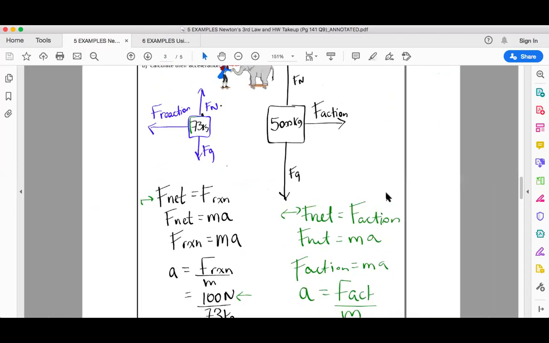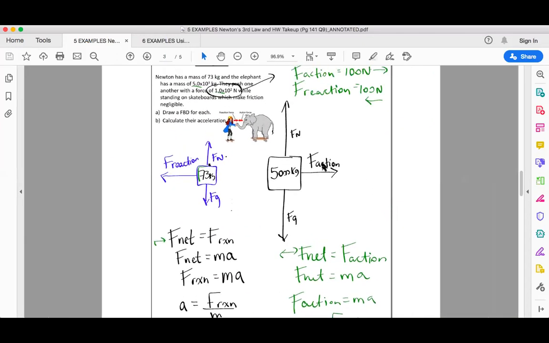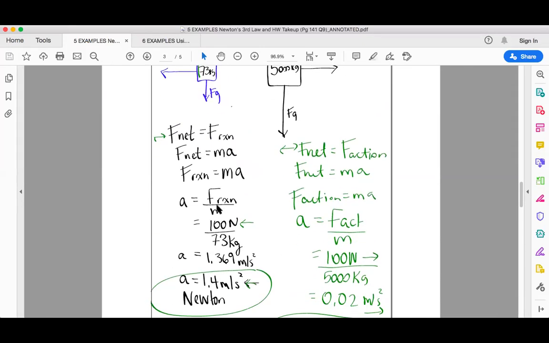If we know that the action force is the only force acting on the elephant, that's the net force, and net force is also equal to ma. Same thing for Newton. So we end up getting acceleration is equal to the reaction force divided by mass, or for the elephant, acceleration is equal to the action force divided by mass.